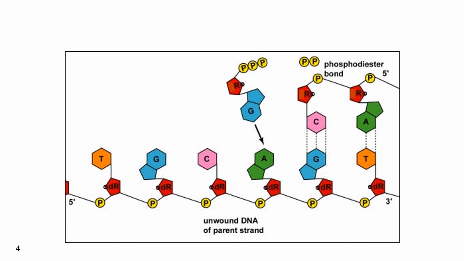Polymerization will always occur dependent upon a DNA template. So here we have the template strand at the bottom, and of course we are going to use Watson-Crick, typical ATCG base pairing, in order to know which ribonucleotide triphosphate we are going to bond in that polymerized chain.